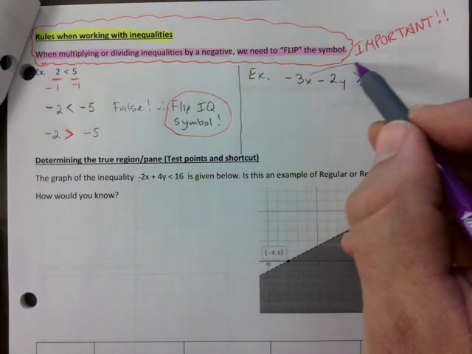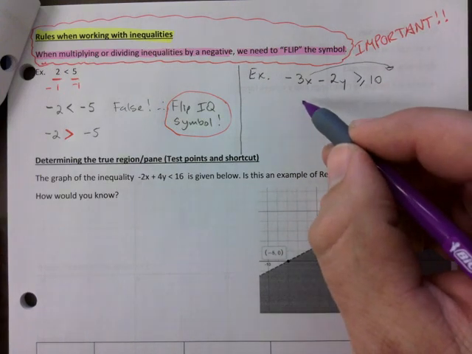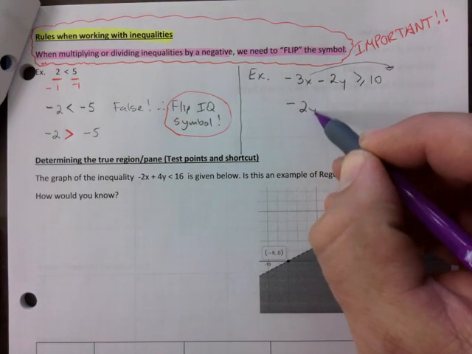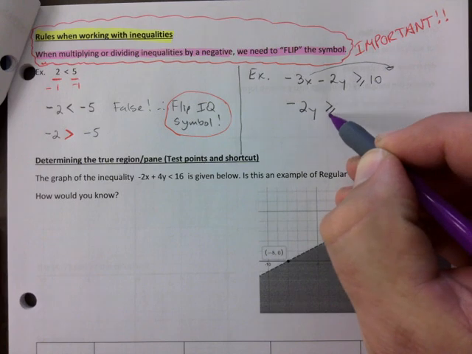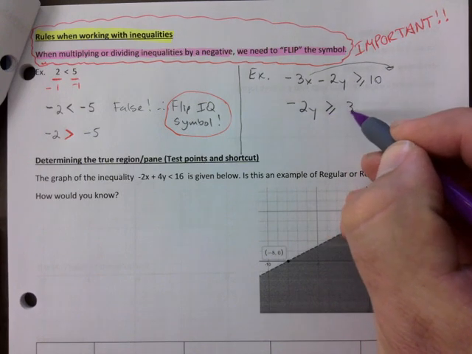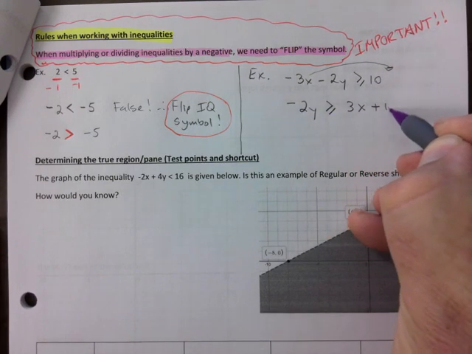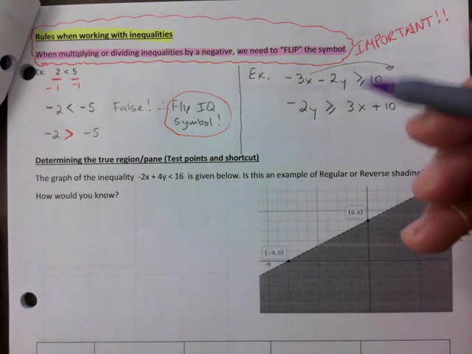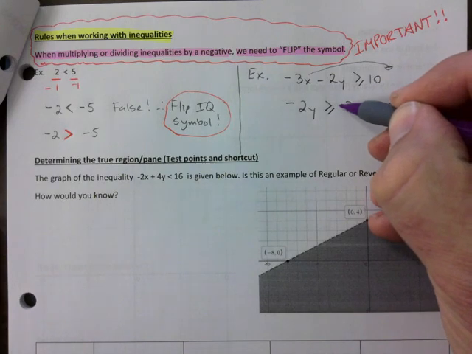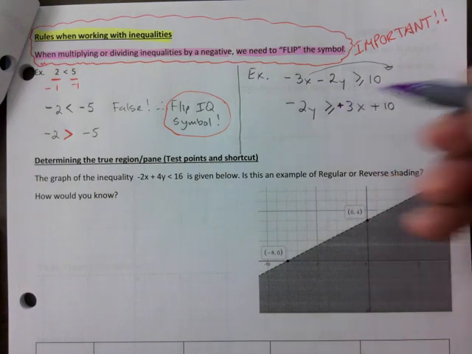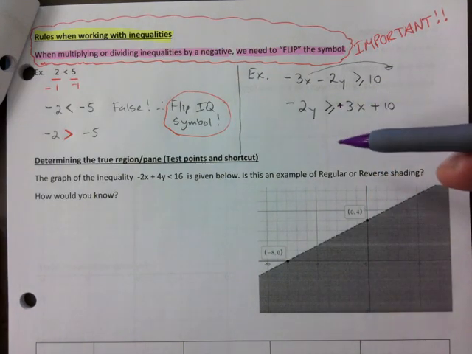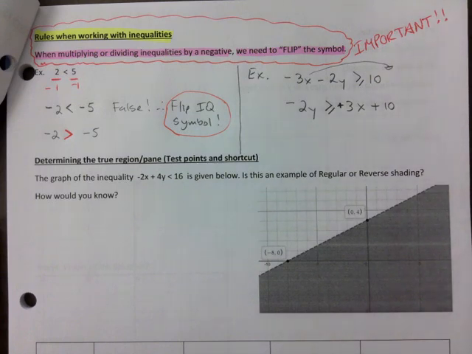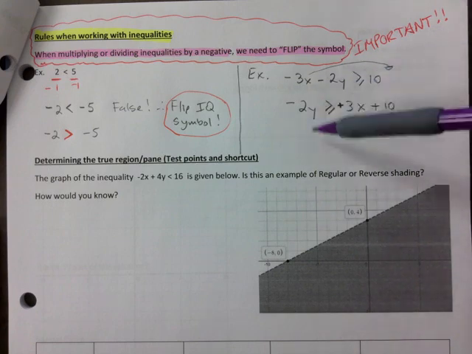So if we brought the 3x over to this side, that would leave us with negative 2y is greater than or equal to plus 3x plus 10. The 3 came over positive. I'm going to put a positive in front of it. Okay? Nothing changes. The sign does not need to be flipped. We do not flip because we didn't divide or multiply by a negative. We just brought stuff over.